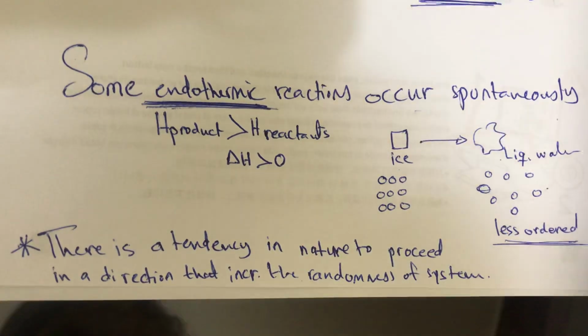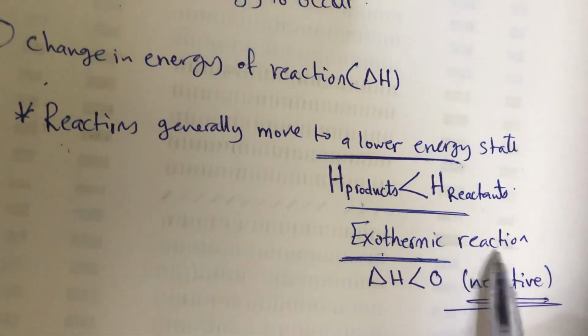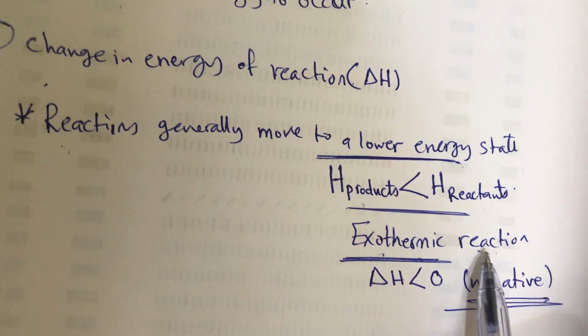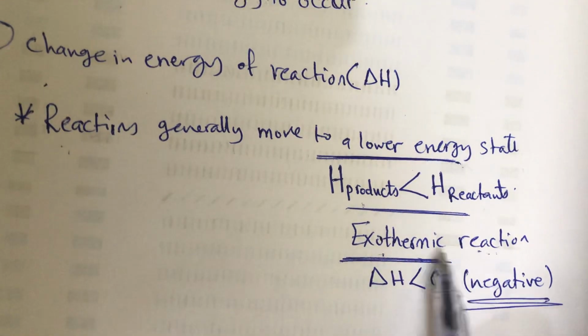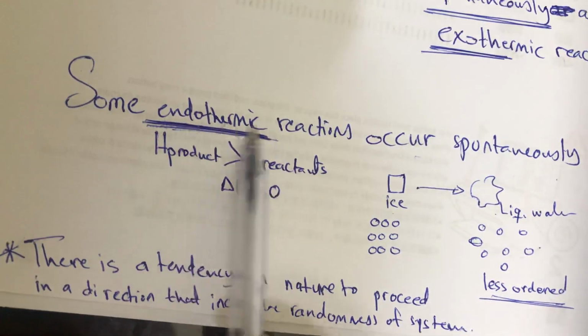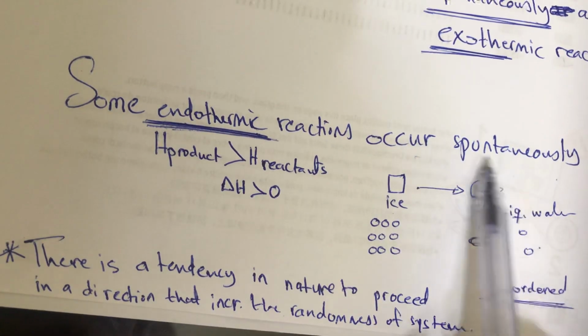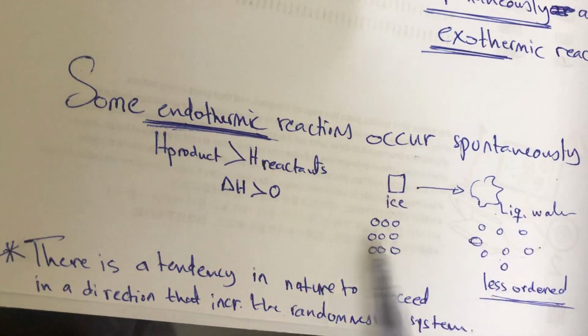So again, most of the exothermic reactions occur spontaneously because they move to a lower energy, but some endothermic reactions, regardless of the energy, occur spontaneously because there is a tendency in nature to proceed in a direction that increases the randomness of the system.